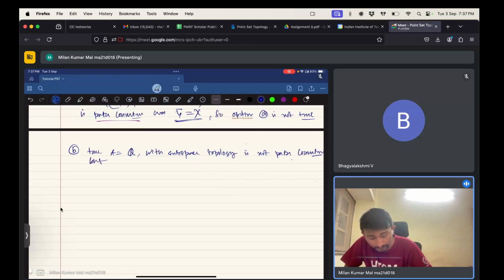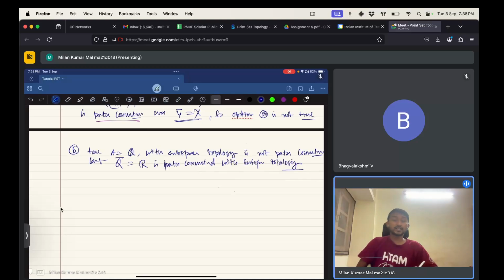But if I take Q closure, which is equal to R, it is path connected with subspace topology.